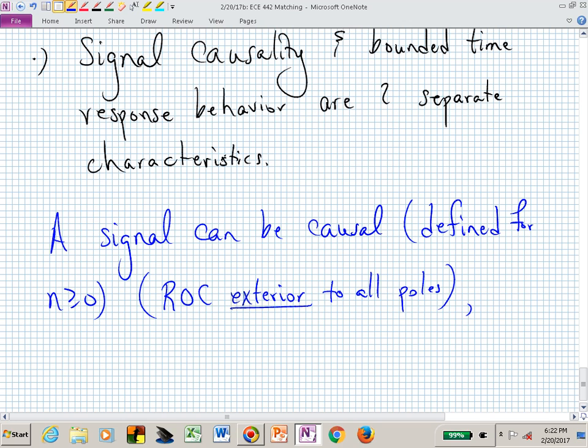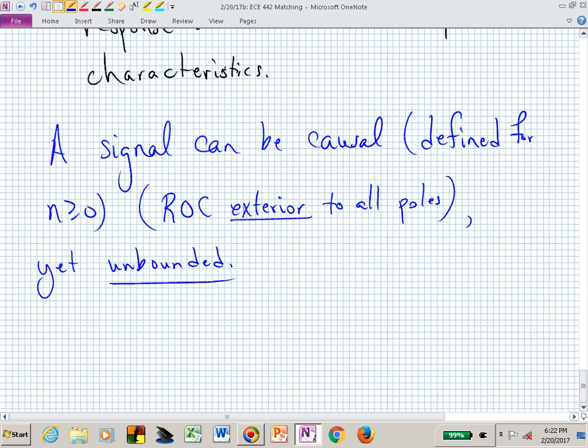So a signal can be causal, yet unbounded. What's going to give me an unbounded response relative to poles or their location?